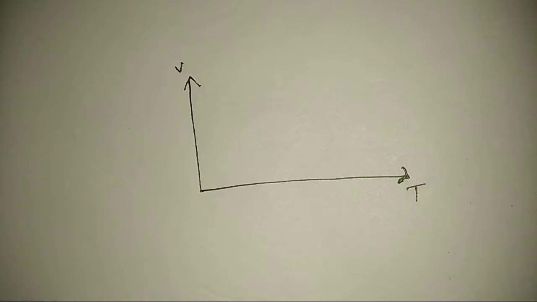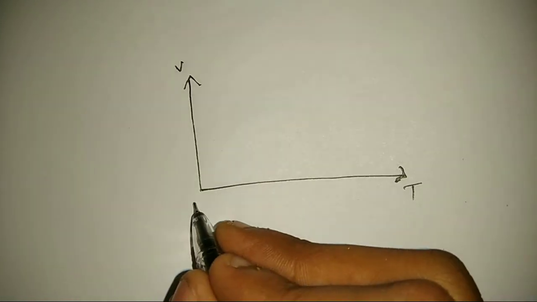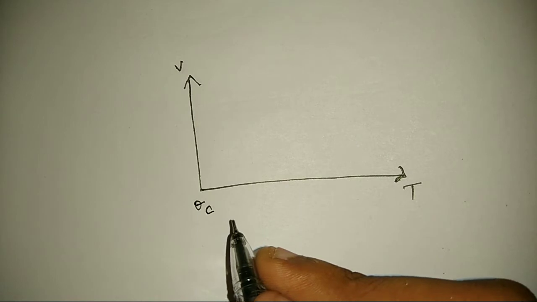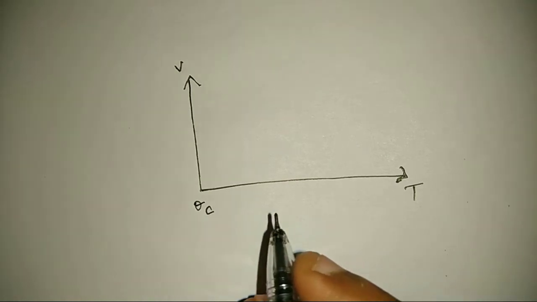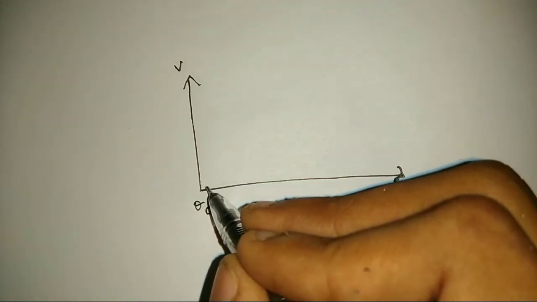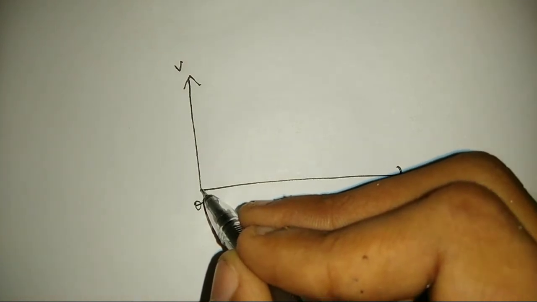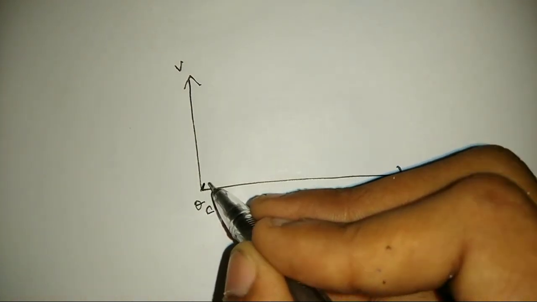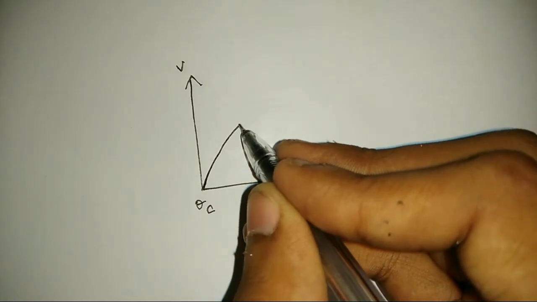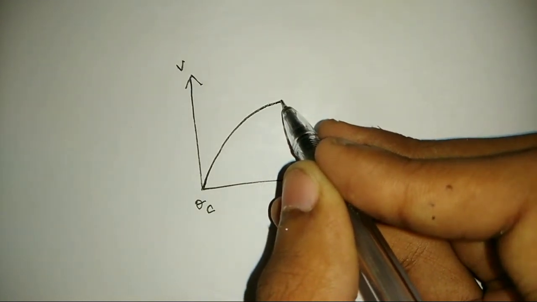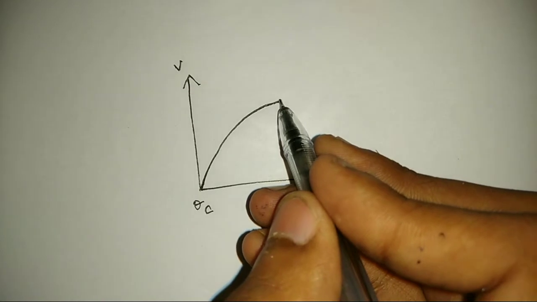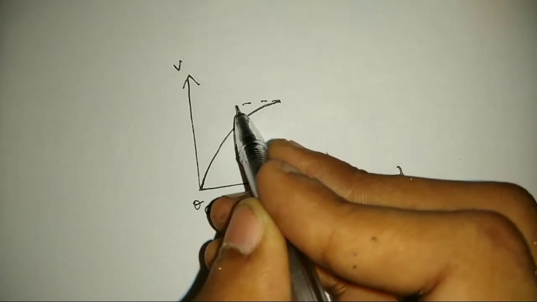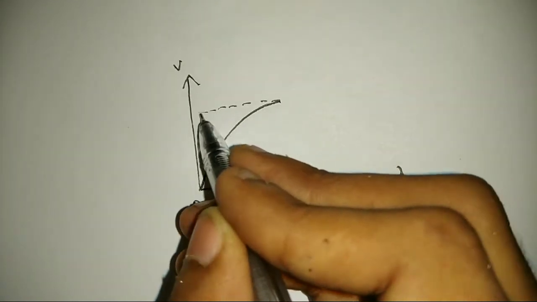Consider a graph where T is plotted on the x-axis and V is plotted on the y-axis, where V and T are thermo EMF and temperature respectively. We take theta C, which is the cold temperature, as origin, and if we keep on increasing the temperature, the thermo EMF also increases, forming a curve, and at a particular temperature the thermo EMF will be at maximum.